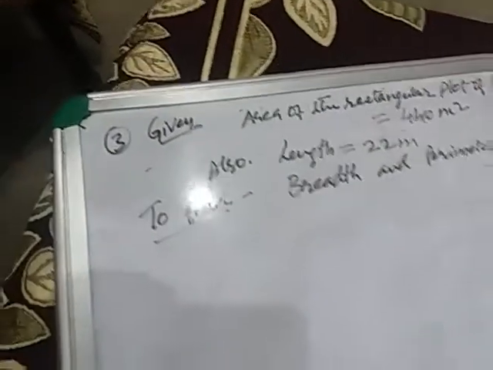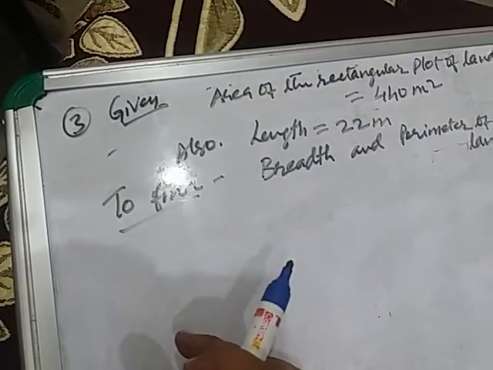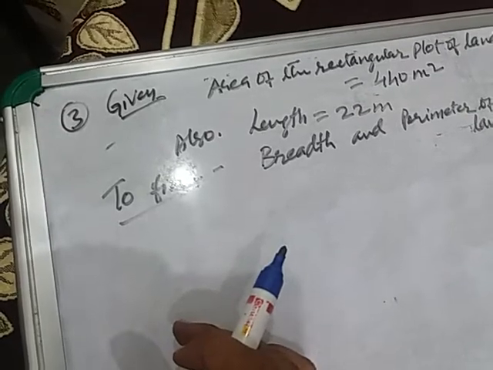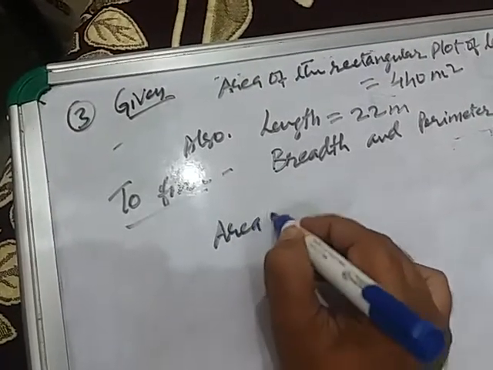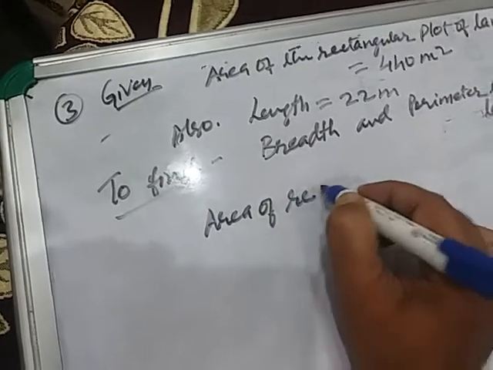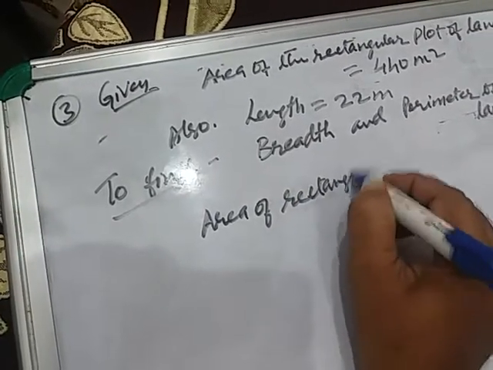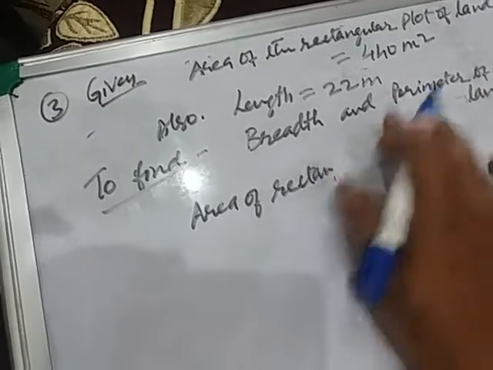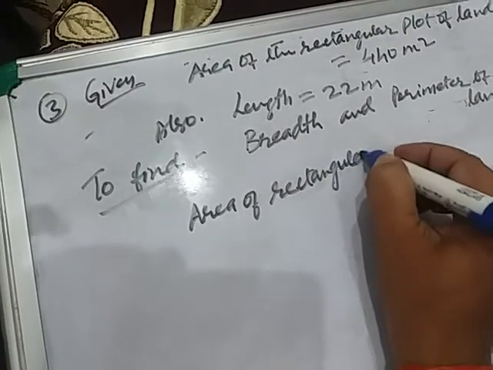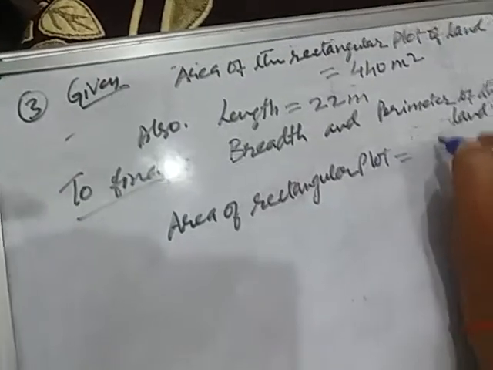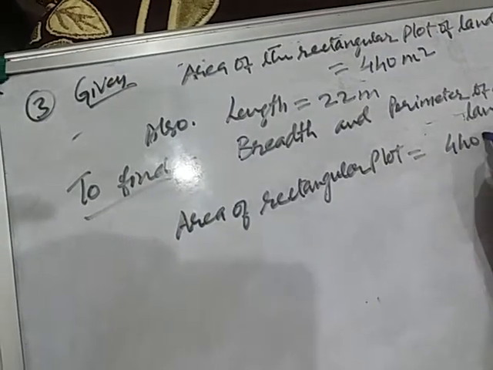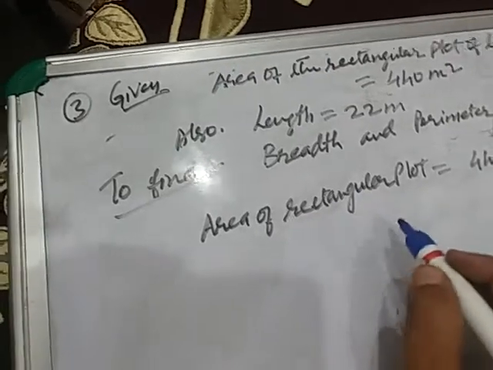See, area, what is given? Area of rectangular plot of land equal to 440 square meter.